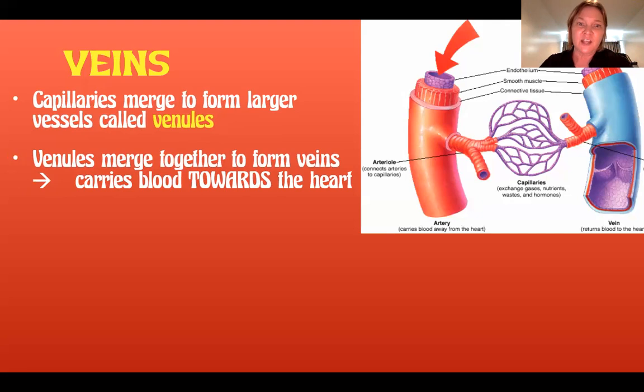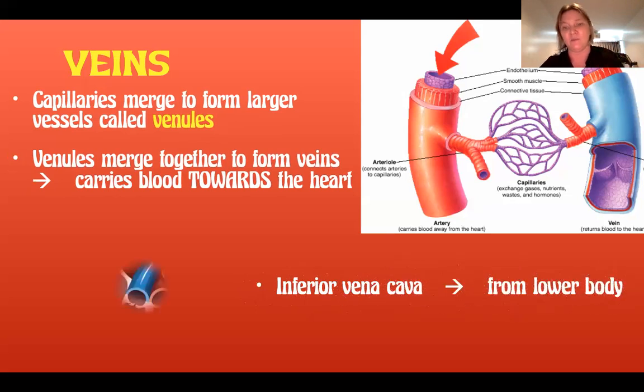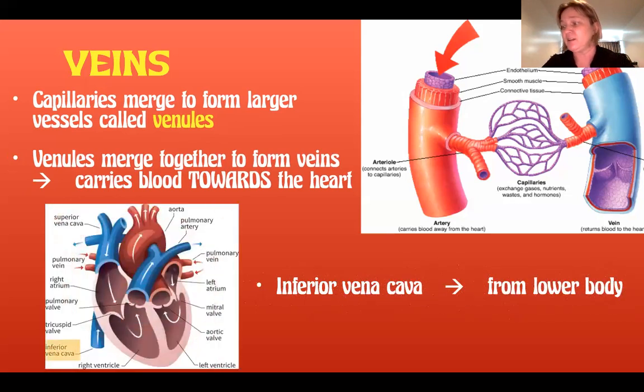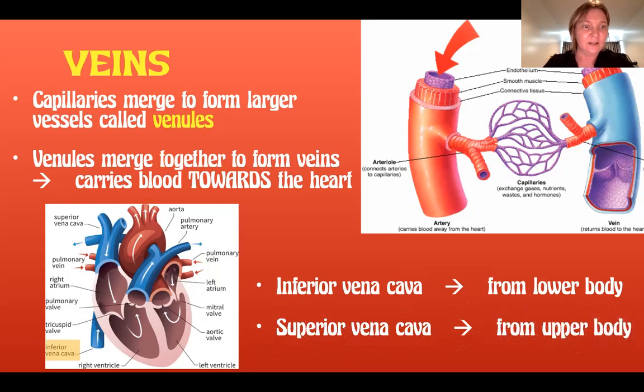Venules are going to merge together to form veins, and veins carry blood toward the heart, where arteries carry blood away from the heart. And again, the inferior vena cava is the largest vein that brings blood from your lower half of the body, which you see there in the bottom left corner of the diagram. And the superior vena cava is from the upper half of your body.